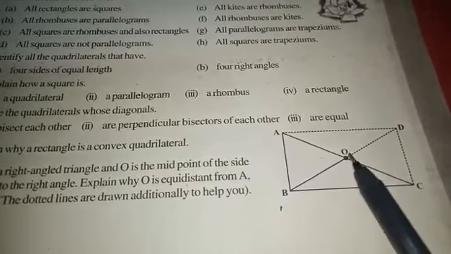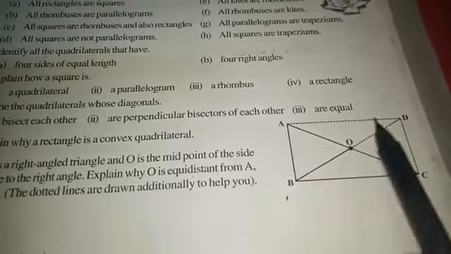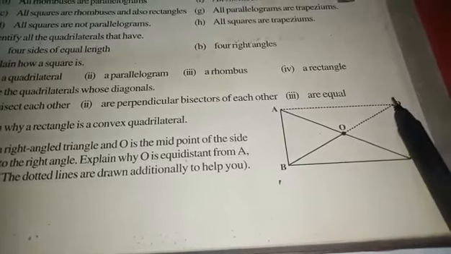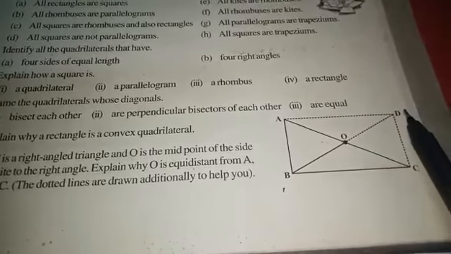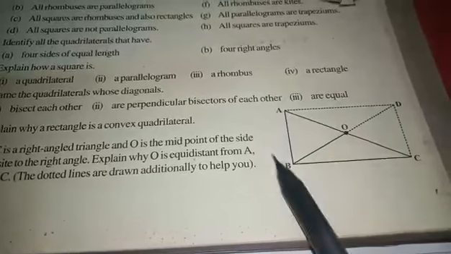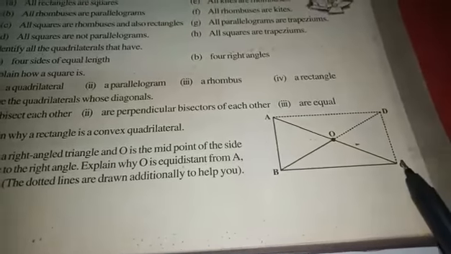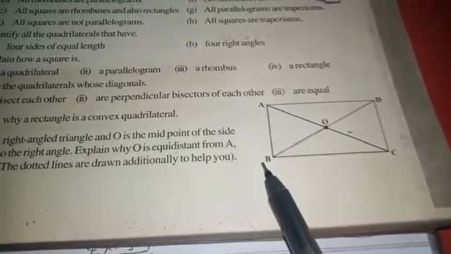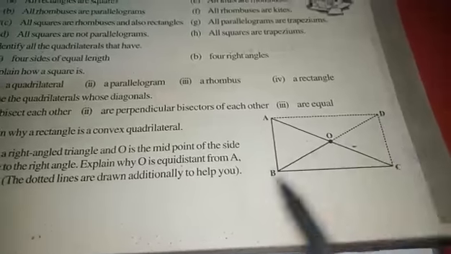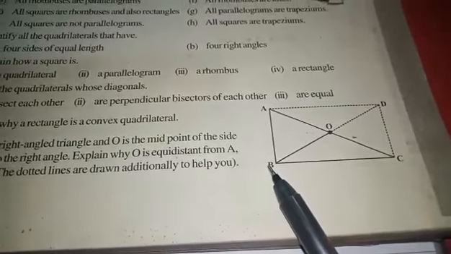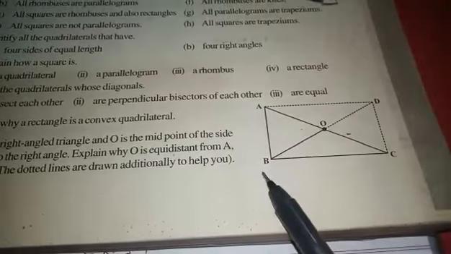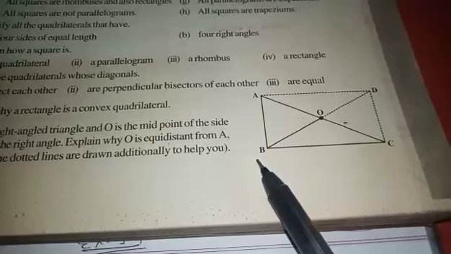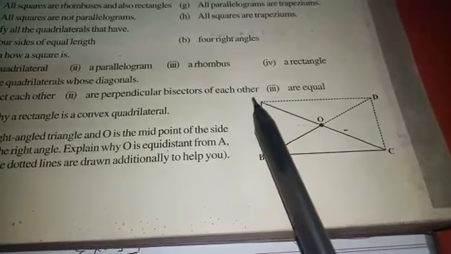We join OB and draw dotted lines from A to D and C to D and join O to D, and this way we see that this figure is a rectangle, and we know that the diagonals of a rectangle are equal, so their halves will also be equal, and we know that AC and BD bisect each other, so OD equals OB and OC equals OA.